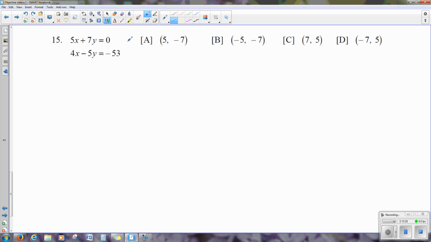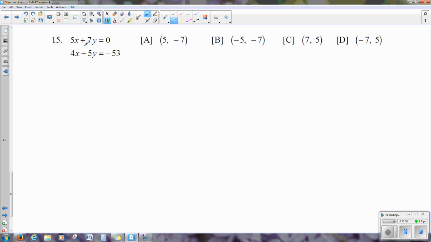So we have a couple of options. One option is to take 5x and 4x and make them both equal 20. One of them needs to be 20 and one needs to be negative 20. It doesn't really matter which one. Or we could take positive 7 and negative 5 and turn them into positive 35 and negative 35.